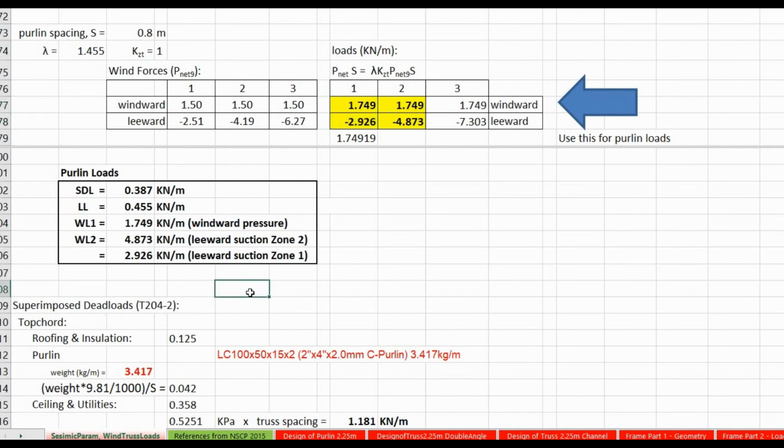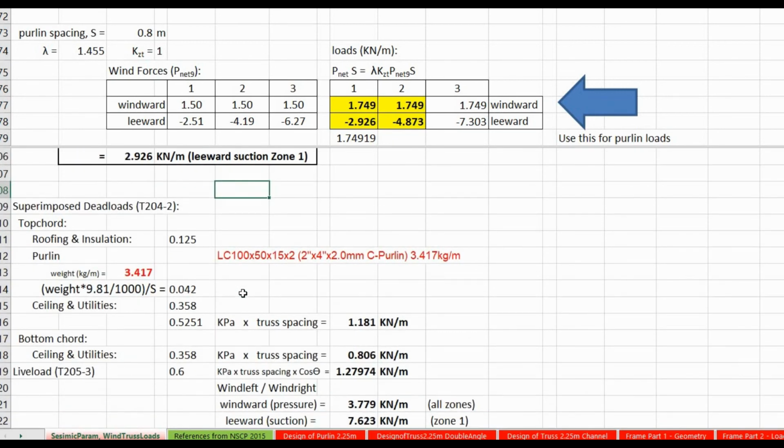Next, we now go to the trusses. Okay. Sa trusses naman, so I will remove this split.